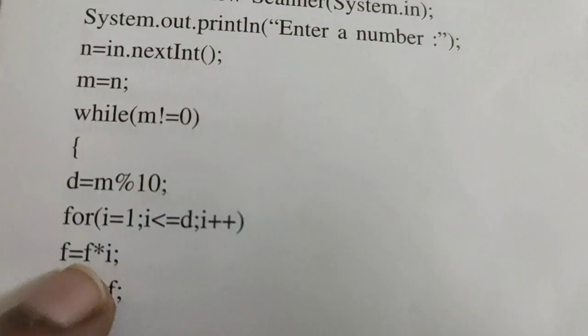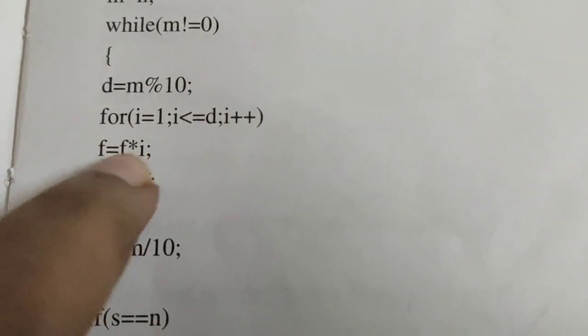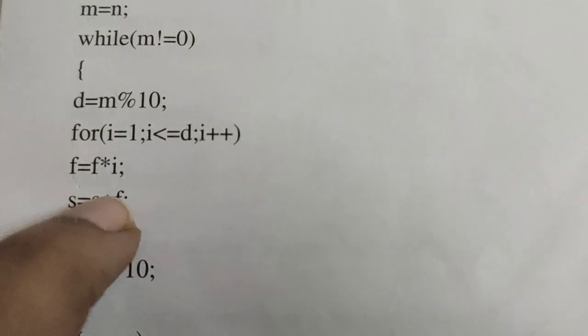The iteration ends and it comes out of the loop, and now the value of f is 120. So s is equal to s plus f. The value 120 will be saved in s now, and again f is initialized to 1, because it is going to come for the next digit's factorial.